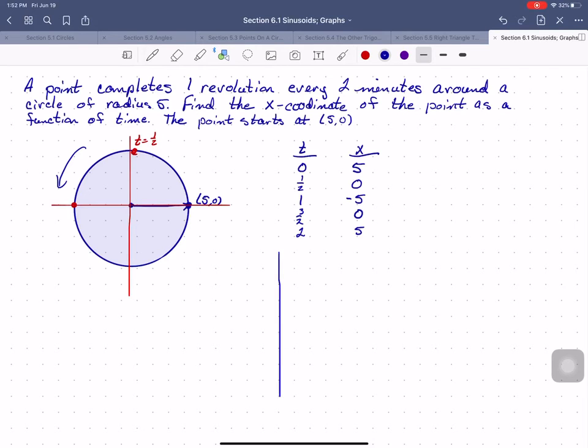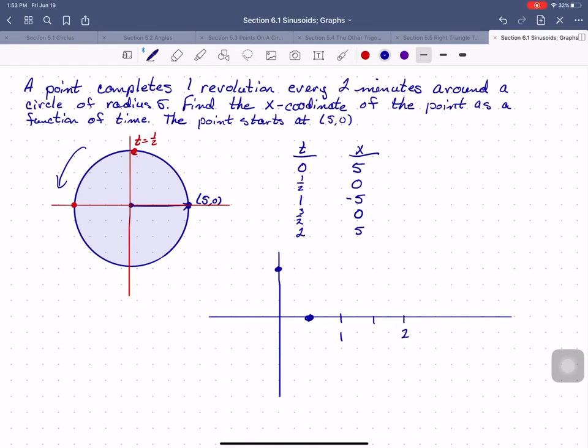So let's sketch this out. My circle is again centered at the origin, so that will be my midline. So 0, 5, we're going to say that's 1. Let's spread those out. 1, 2. After 30 seconds, my x-coordinate is 0.